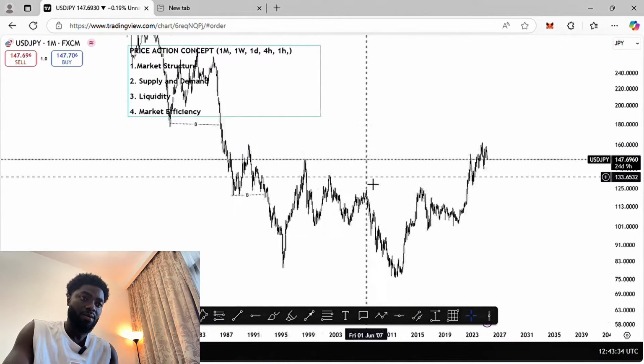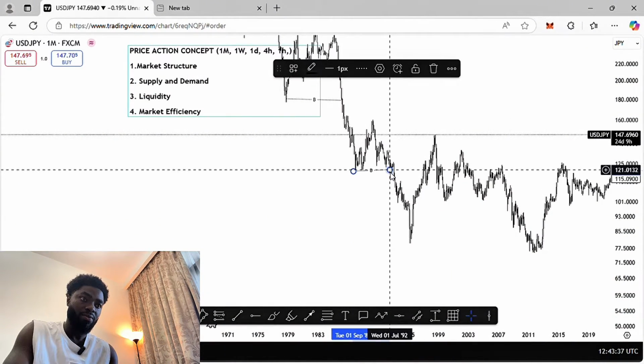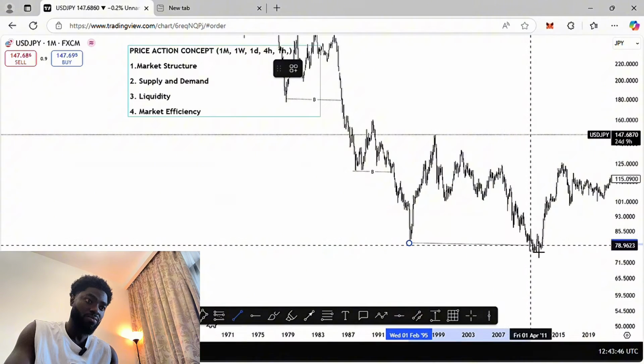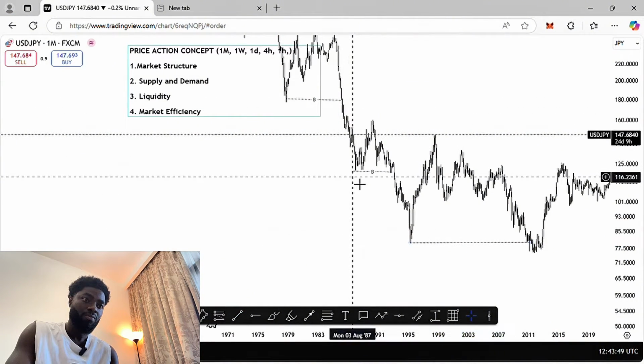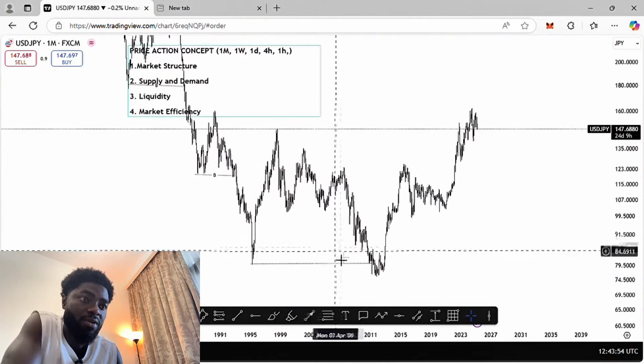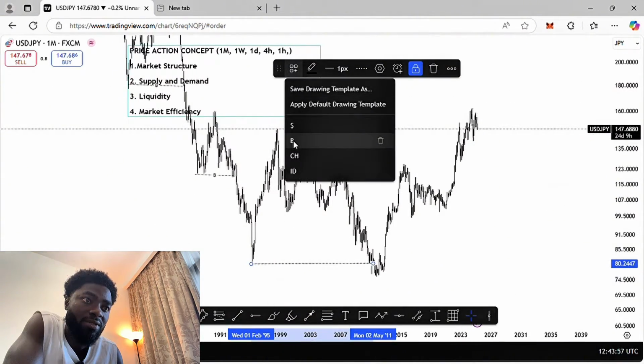This is a break to the down here, and a break also to the down here. Okay, so this is what we have. Down market, downside market.